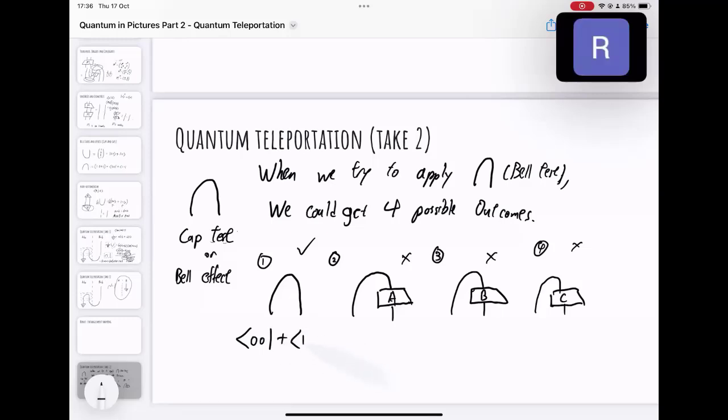So this is the first one. As you can see, this is just the dagger of the Bell state. One of the other outcomes you might get is that instead of having the plus here, you will have the minus.